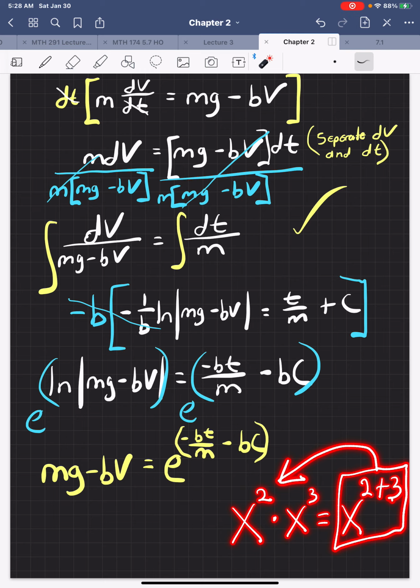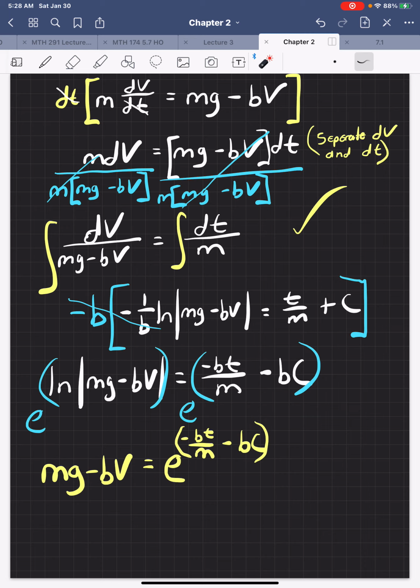So imagine for a second that we have e to the power of, so what we're going to do is we're going to go the other way. So this is going to end up being e to the power of negative bt over m times e to the power of negative bc.